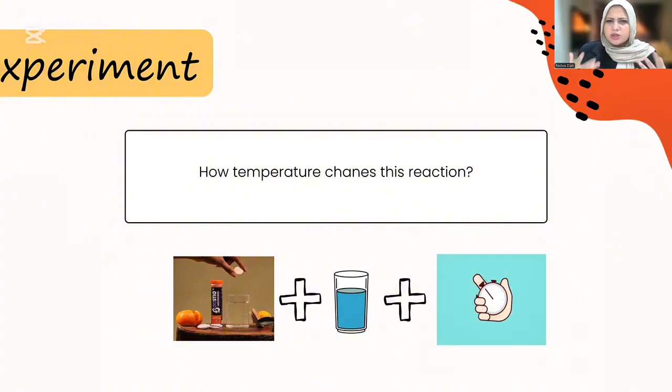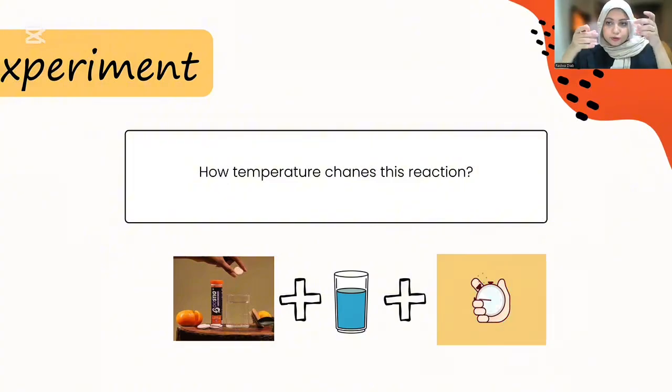Why are we going to use a stopwatch? I want you to measure the time taken for each tablet to dissolve in the water. But we're going to change the temperature of the water. We're going to use hot water and cold water, and we're going to measure the time taken by each tablet to dissolve completely in water.